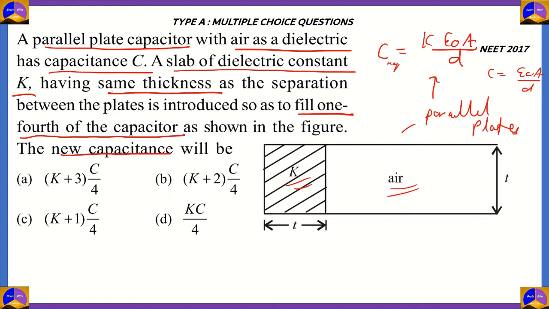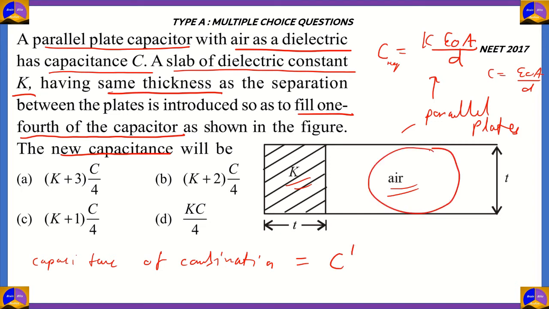So now we need to find out the capacitance of the combination. We take that as C dash, and we take the capacitance through air as the dielectric medium as C1, and through K as C2. So let's find the values of C1 and C2.